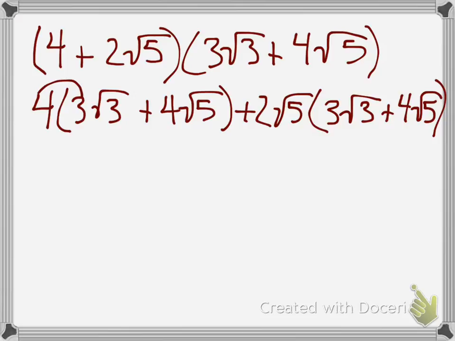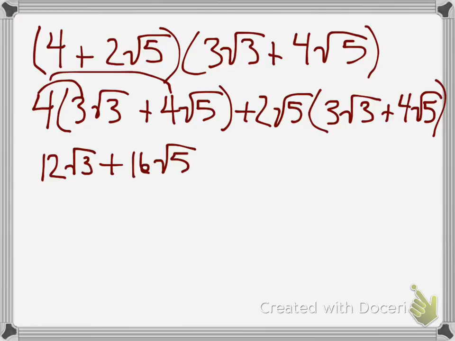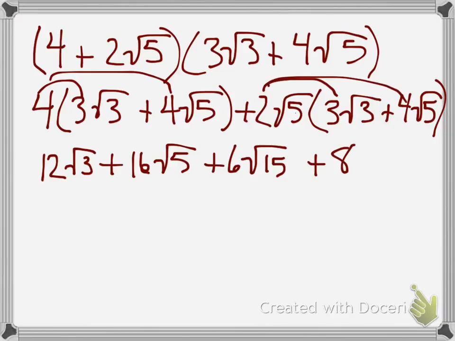So 4 times 3 is 12 square root of 3. 4 times 4 is 16 square root of 5. 2 times 3 is 6, but now I've got square root of 5 times 3, which is square root of 15. And 2 times 4 is 8. Square root of 5 times square root of 5 is square root of 25.